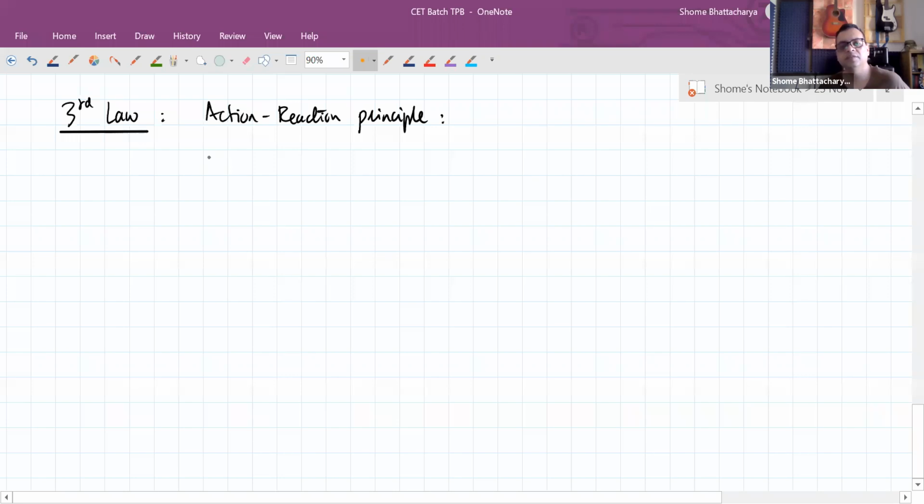So the simple statement is that every action has an equal and opposite reaction.